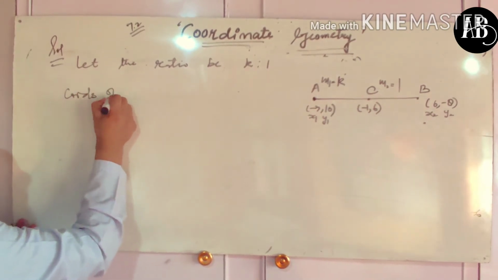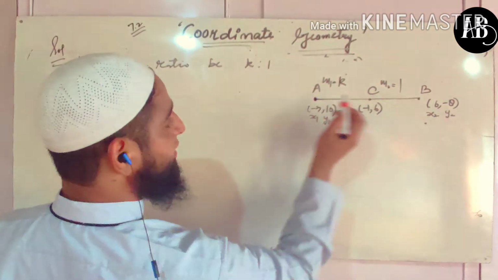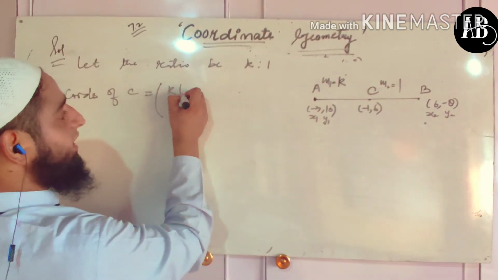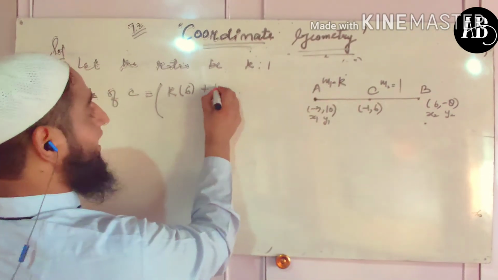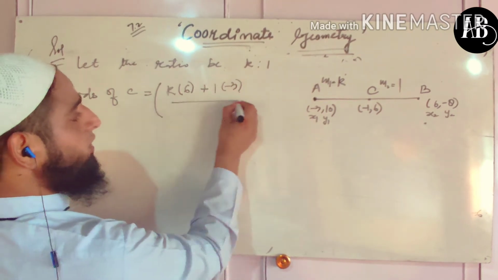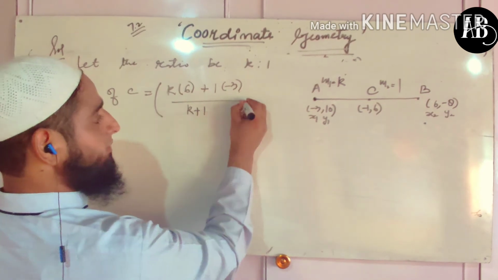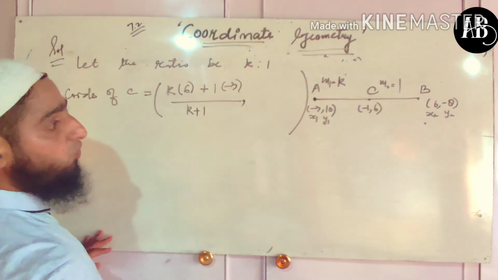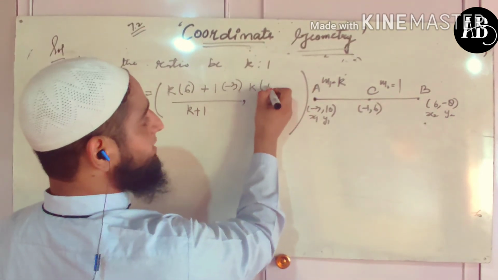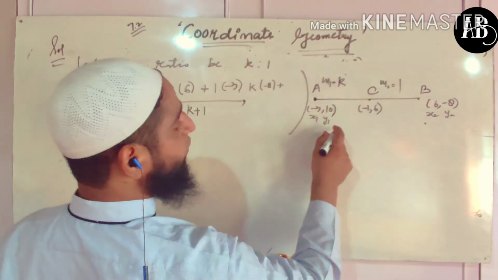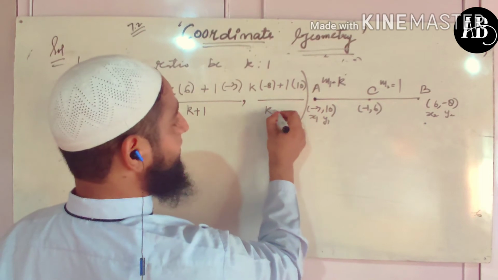Coordinates of C are, by the section formula, m1 x2, that is k into 6, plus m2 x1, 1 into minus 3, whole divided by m1 plus m2, k plus 1. After that the y coordinate is m1 y2, that is k into minus 8, plus m2 y1, 1 into the given y1, whole divided by m1 plus m2.